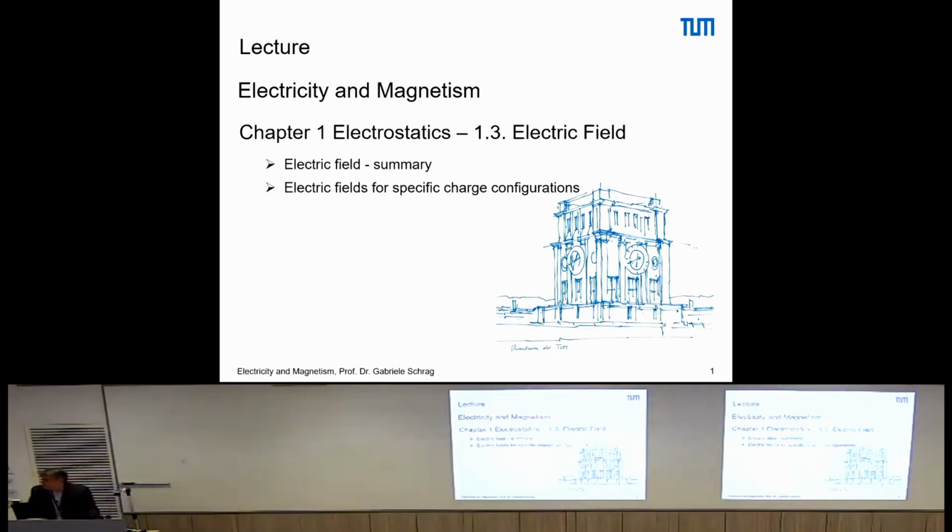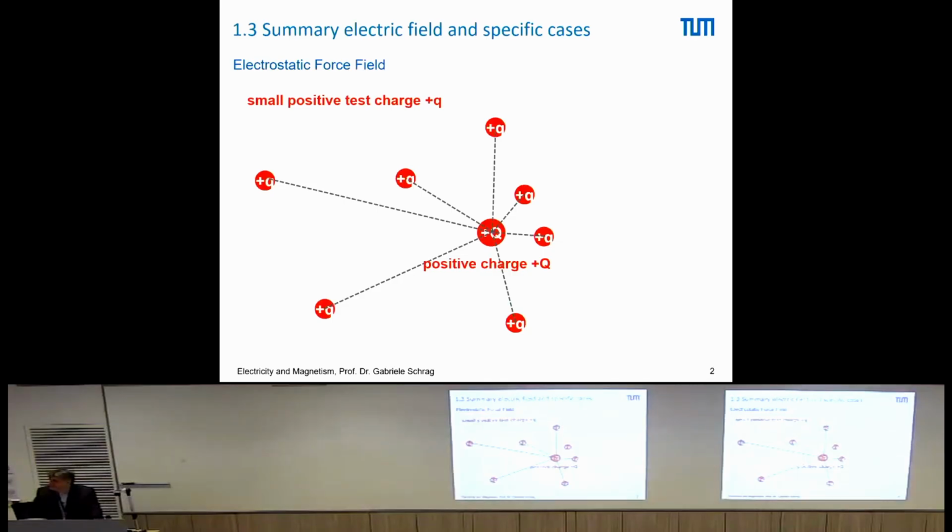So last time we have seen what happens if you have some charge and what the force field actually looks like. We take a major charge here, what you see as the Q plus, and then we shift around this small test charge. The idea of the test charge is always that this is pretty much negligible.